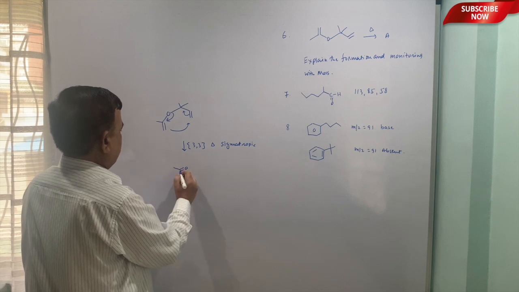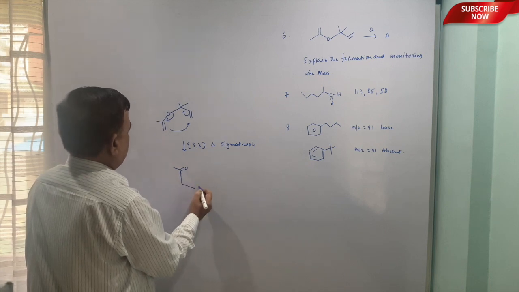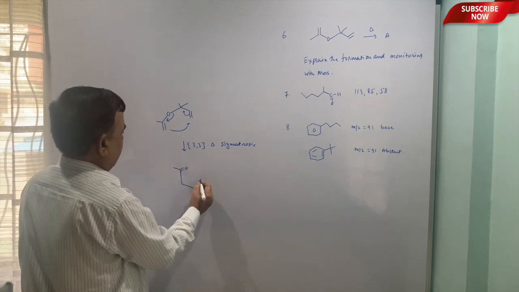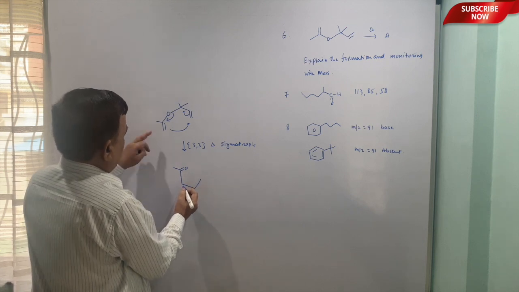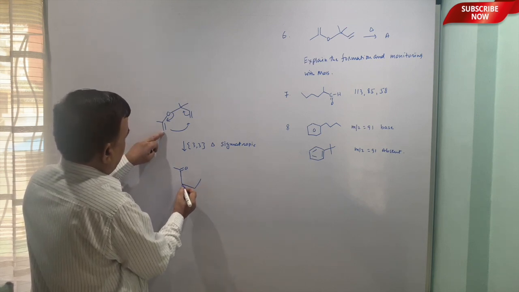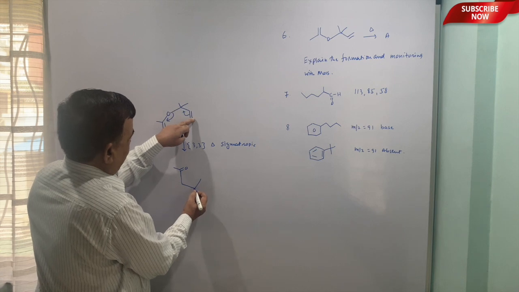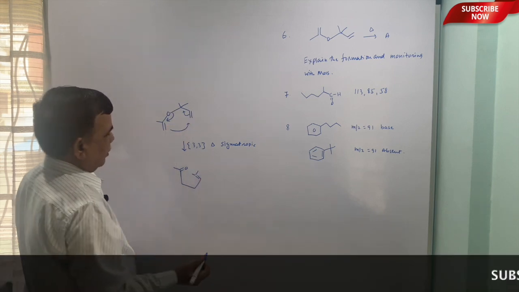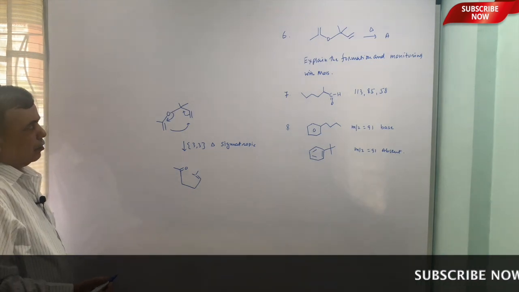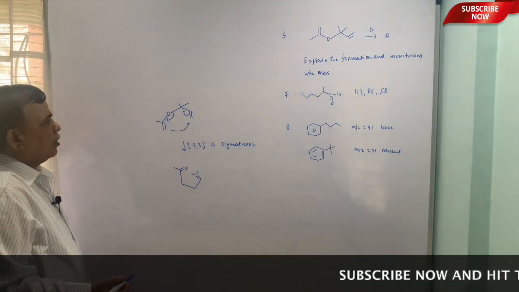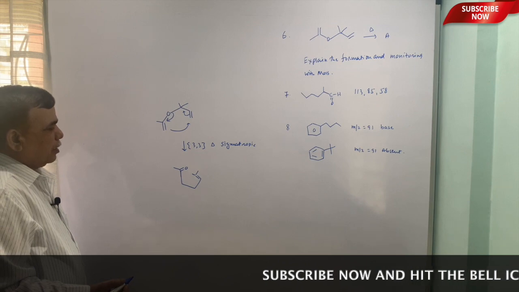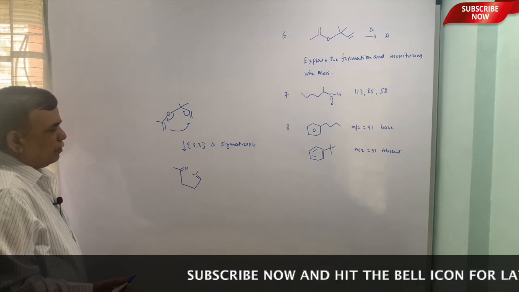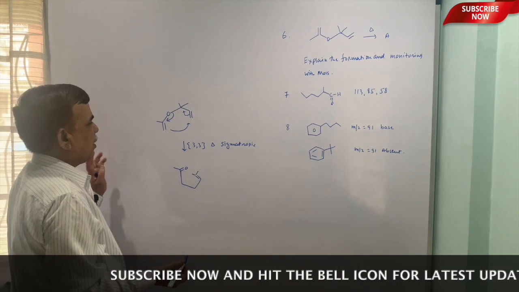Let me put it properly. This is the intervening carbon. So, CO, CH2, then CH2, and then you got to have this gem dimethyl. So, 1, 2, 3, 4, 5, 6 carbons with gem dimethyl.